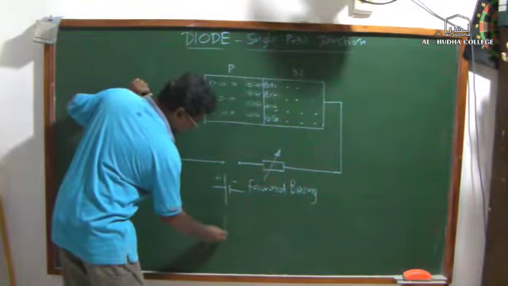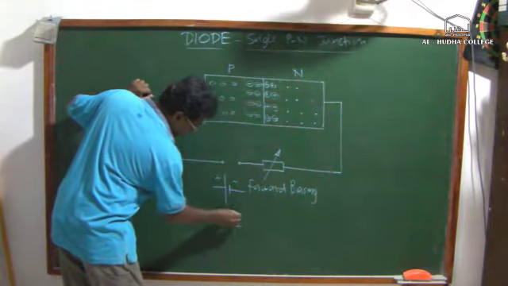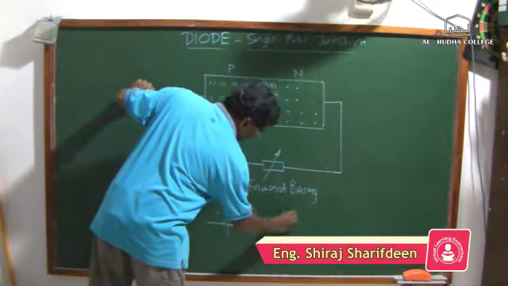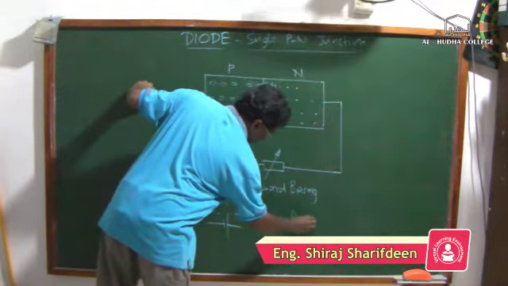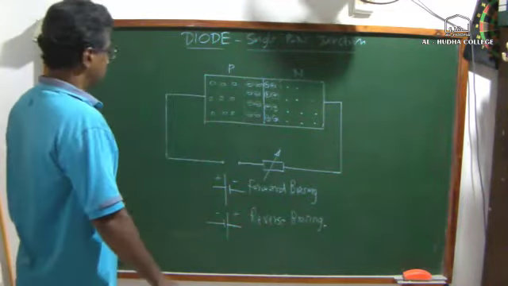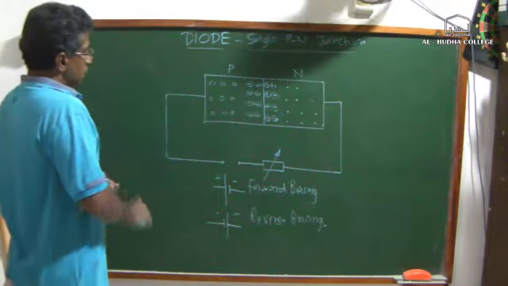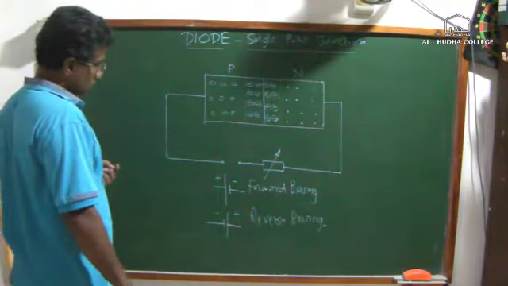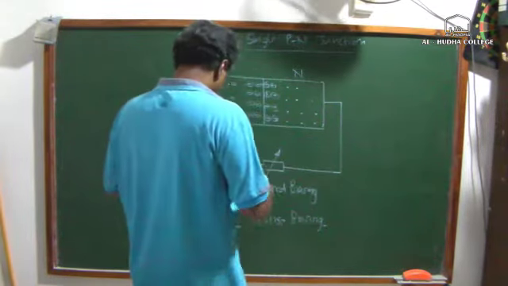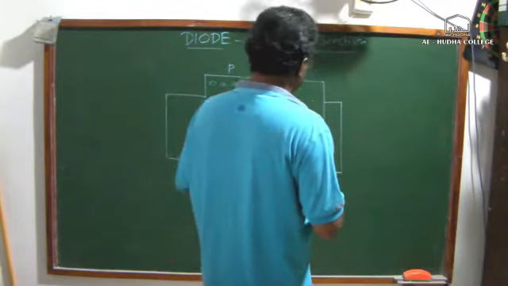If you connect the battery the other way around, this is called reverse biasing. And we will try to derive the voltage-current IV curve for the diode from what we learned so far.